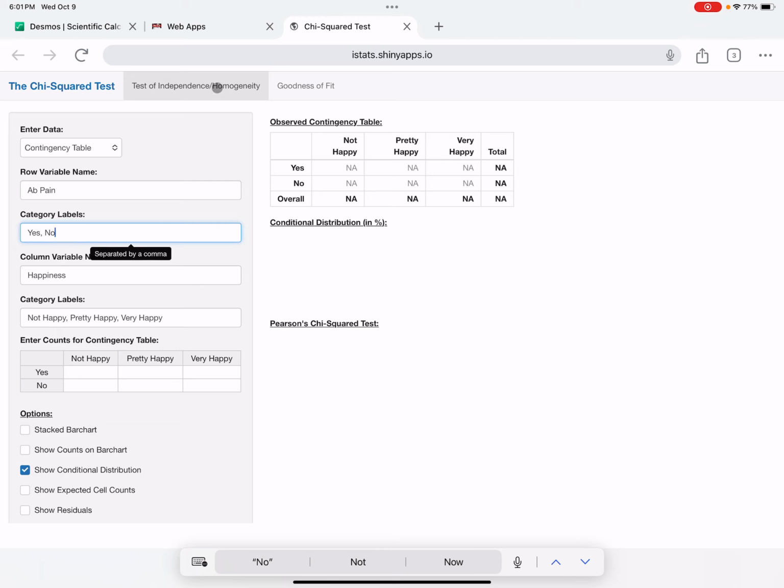And you can see over here it's filling in the contingency table as we go. The columns were medication taken.